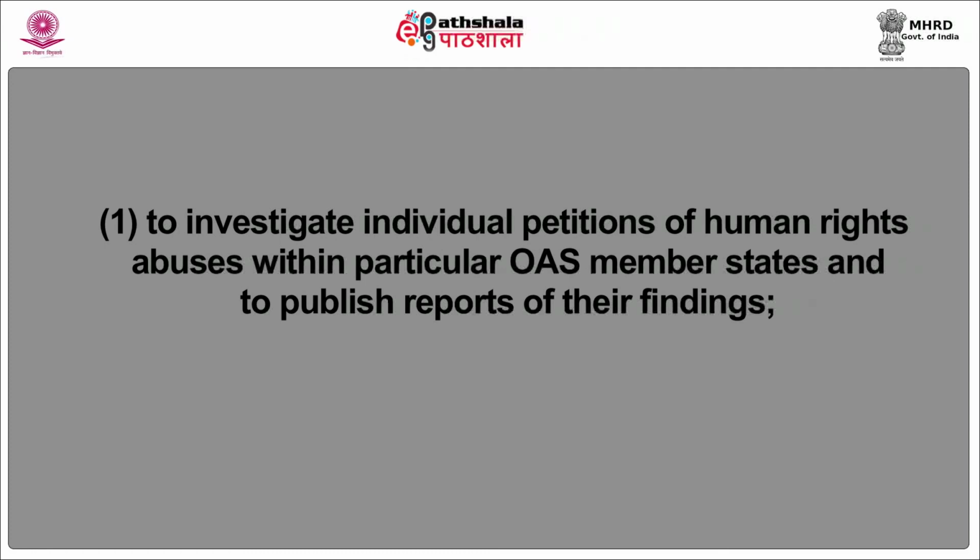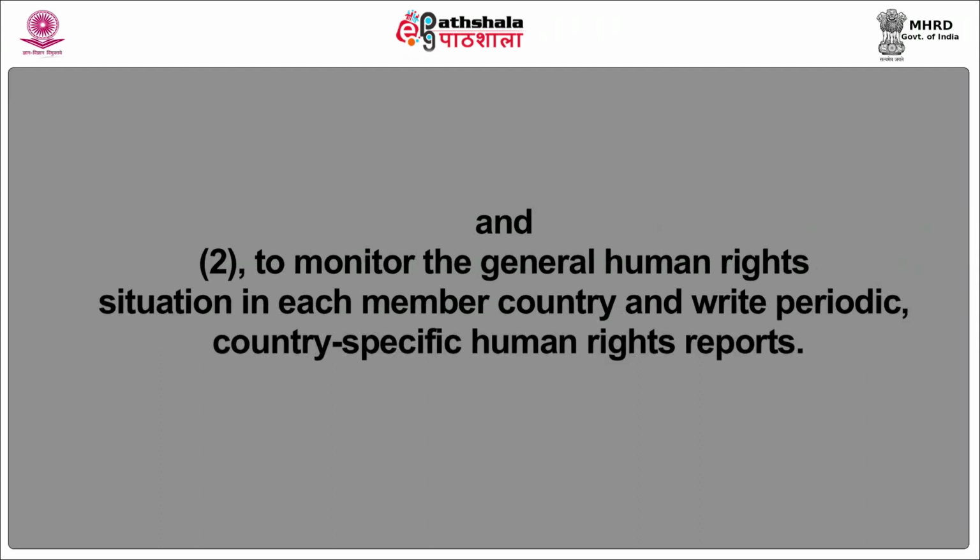Its most important functions are: first, to investigate individual petitions of human rights abuses within particular OAS member states and to publish reports of their findings, and second, to monitor the general human rights situation in each member country and write periodic, country-specific human rights reports.